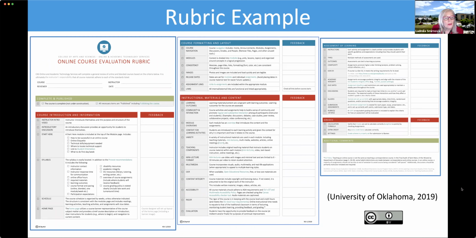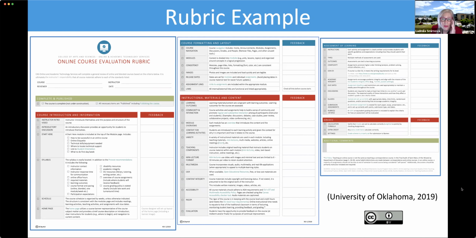So on the left side, these are categories and criteria, and on the right side, the place for feedback. The evaluator, whoever it is, a peer evaluator, or the teacher, professor or faculty themselves, or an administrator.